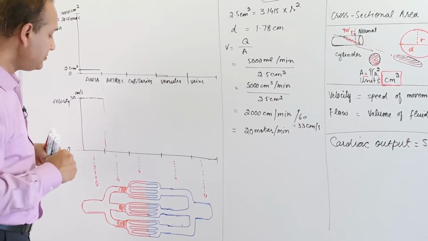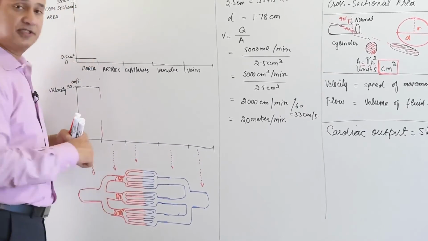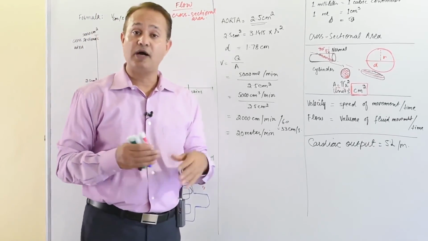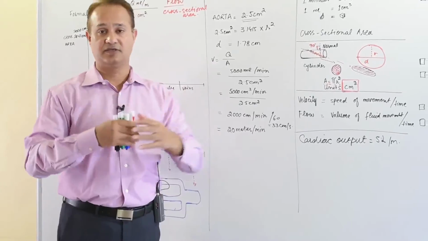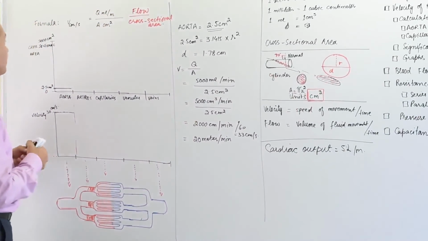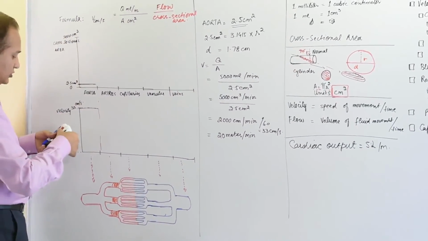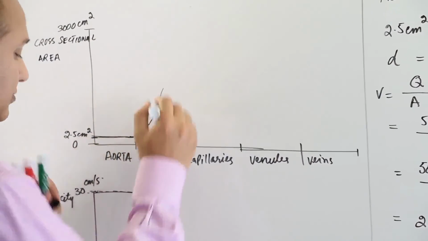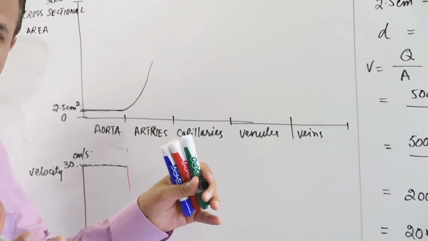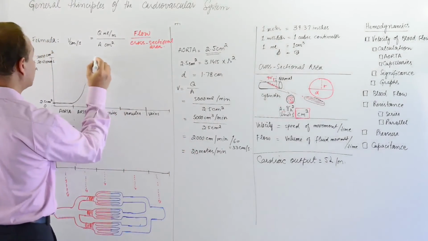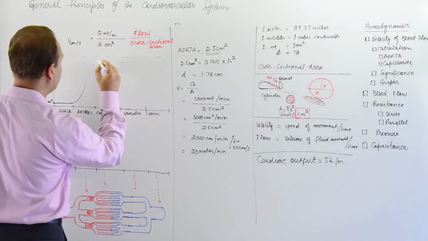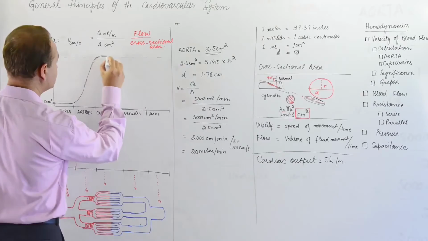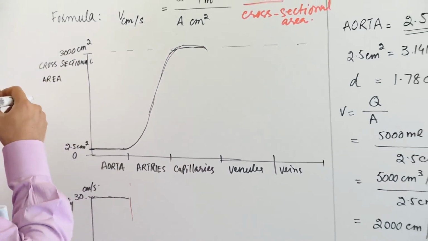What is interesting is the capillaries. Capillaries have a total cross-sectional area of about 3000 centimeters square. If you look at the cross-sectional areas, they start increasing because the sum of the cross-sectional areas of the blood vessels becomes very large, and capillaries have the highest, about 3000 centimeter square cross-sectional area, not diameter or radius.